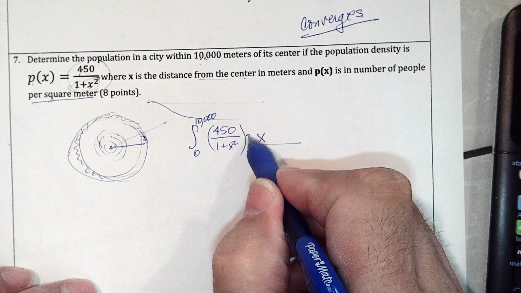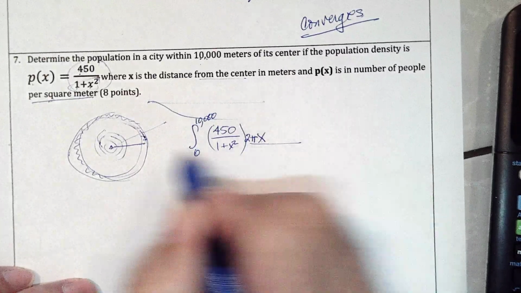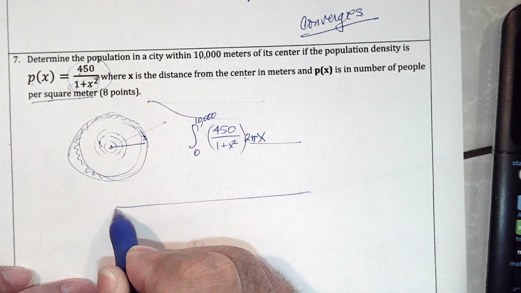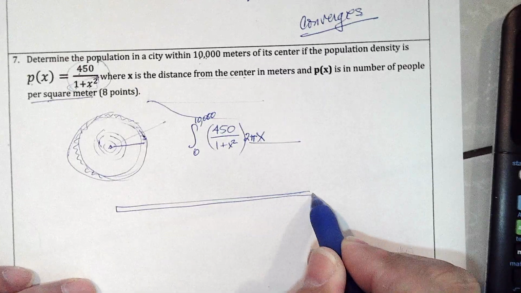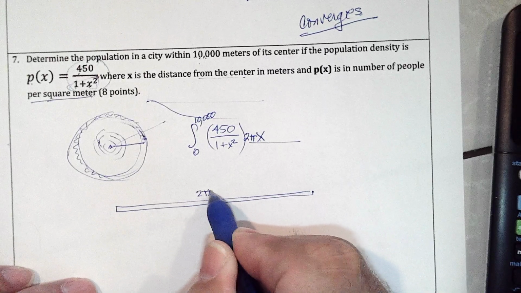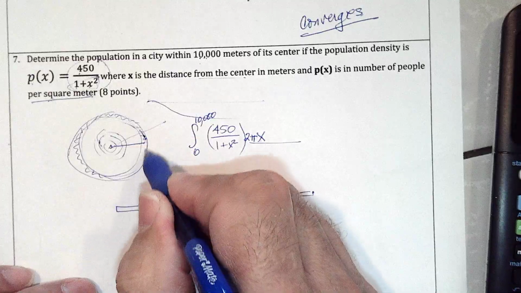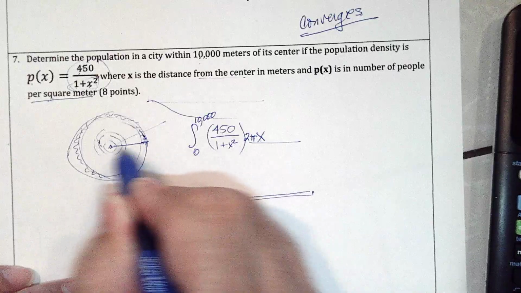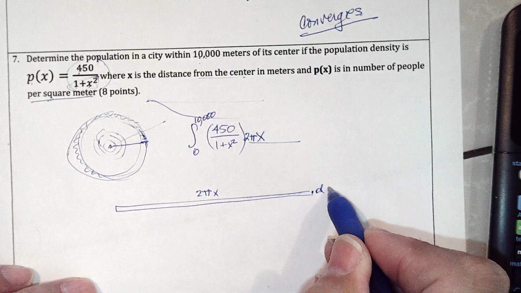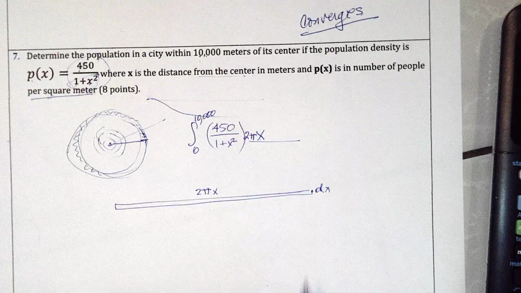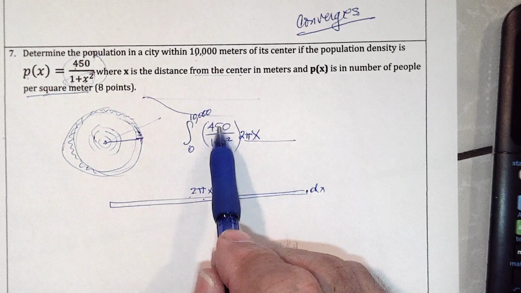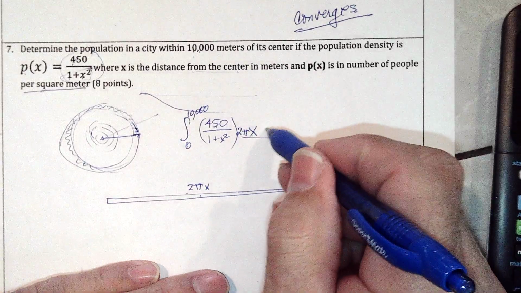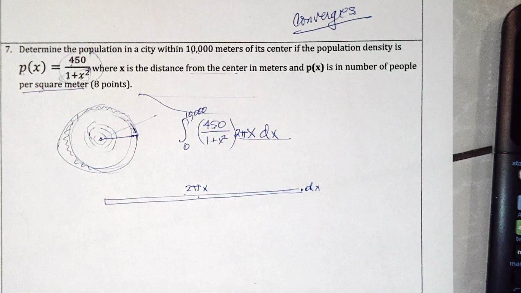So it's 2 pi x is how long this ring is. And if I cut that band and open it up, it's 2 pi x going clear around, and its width is in the radius direction, dr or dx, and the area of this, where this population is on, is 2 pi x dx, and that's all there is to it.